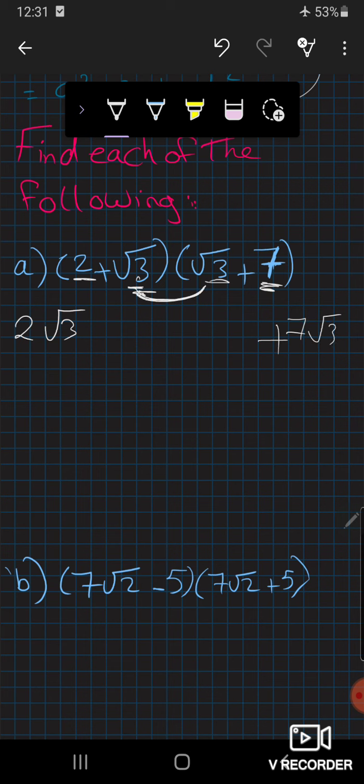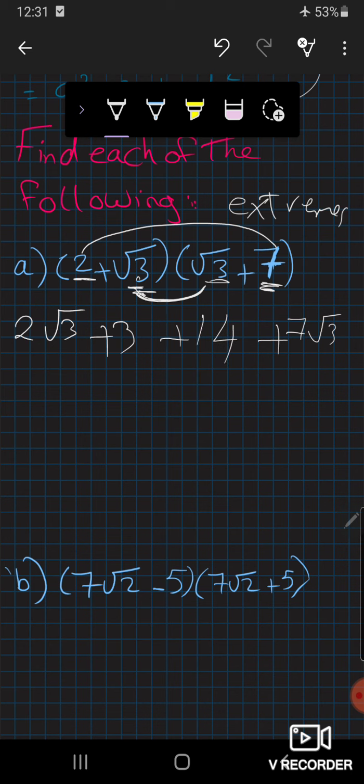This is called means. This one times this one equals 3. And this times this, this is called the extremes. What about the extremes? Here you have 2 times 7 equals 14. I collect the numbers, just numbers. 3 plus 14 equals 17.